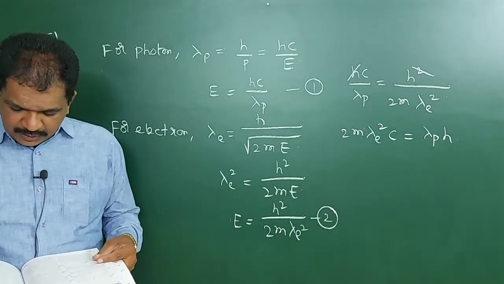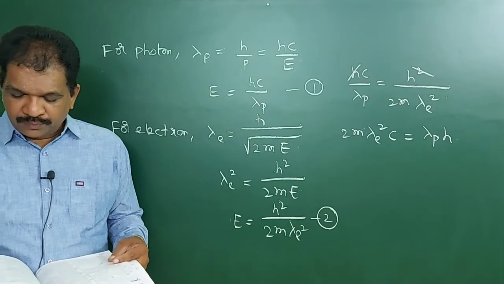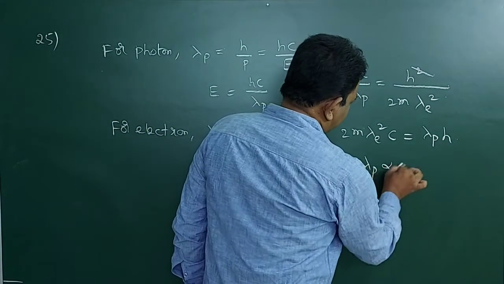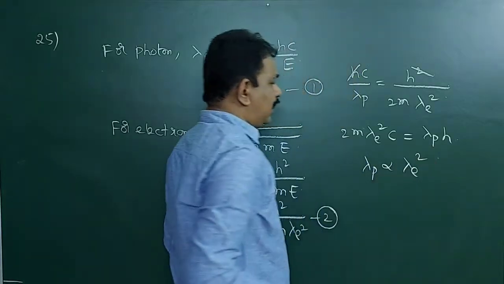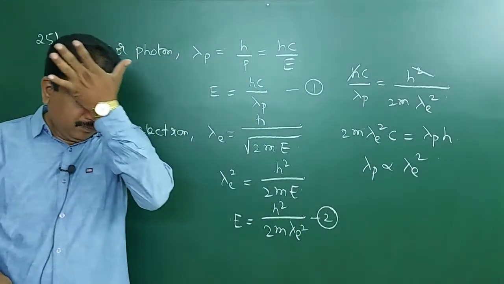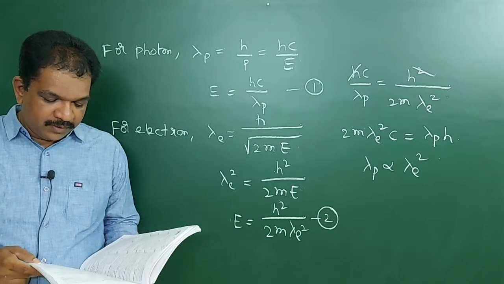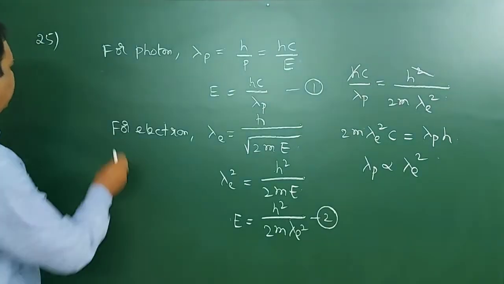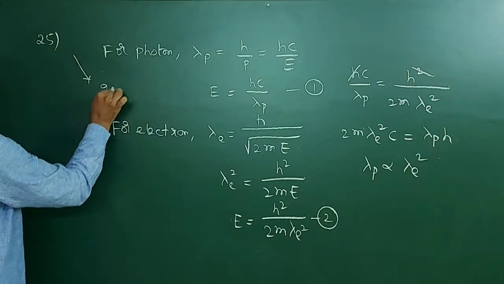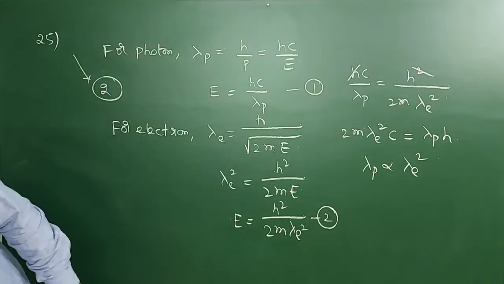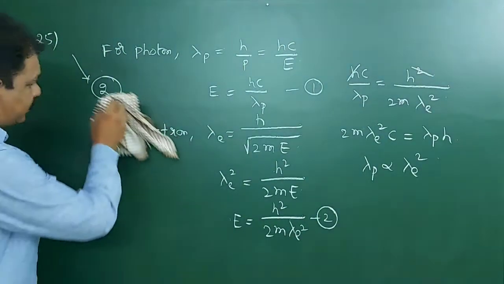So the relation between these two is lambda P proportional to lambda E square. So the option for this, 25, will be the second option. Okay. Next, 26.